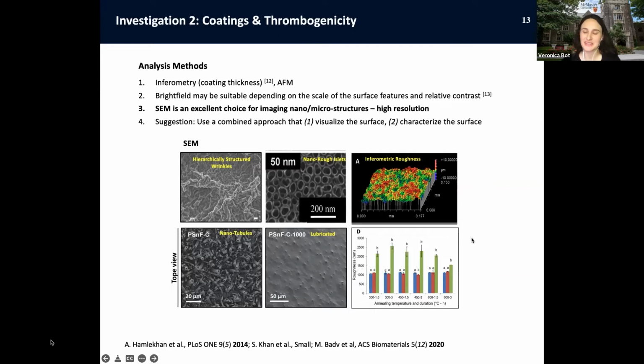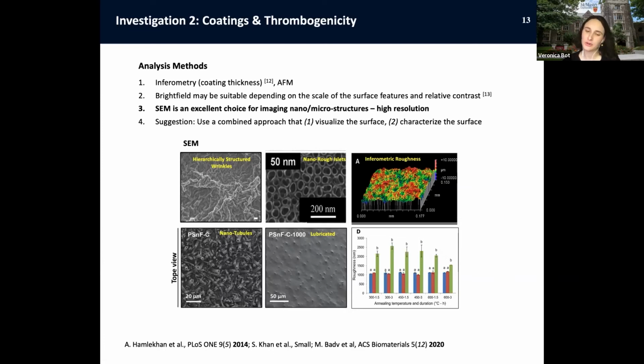Fortunately, SEM is a very useful tool for this purpose, especially if you're dealing with a nano microstructured surface, like a hierarchically structured surface. There's a student in our lab, Shadman Khan, who developed this technology. Also nanotubules, which another student in our lab, Leanne Ladouceur, developed. So SEM is very informative.